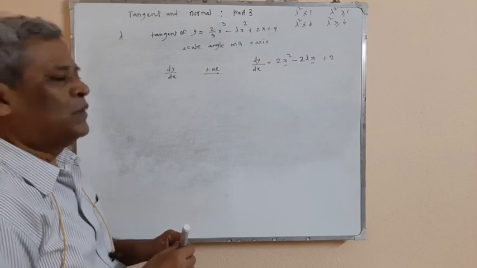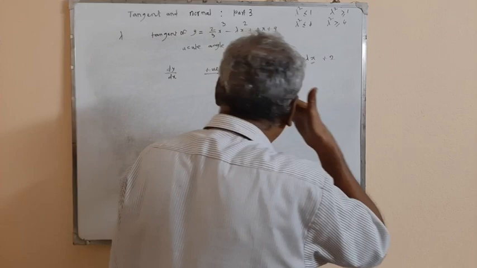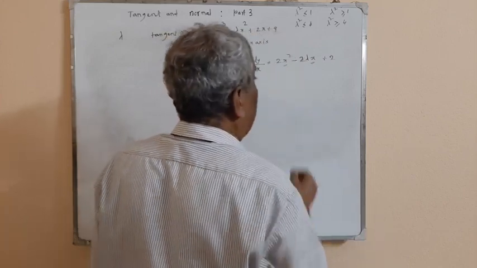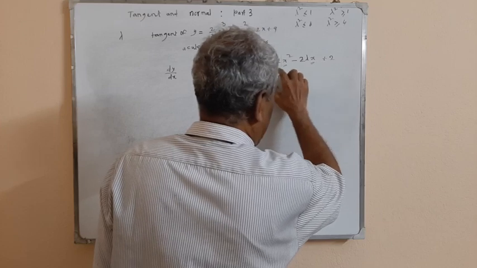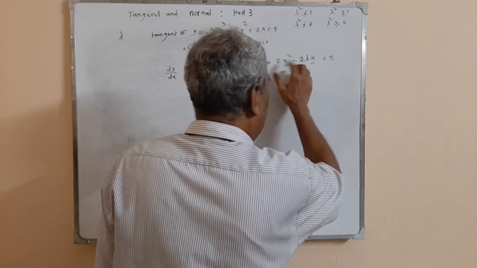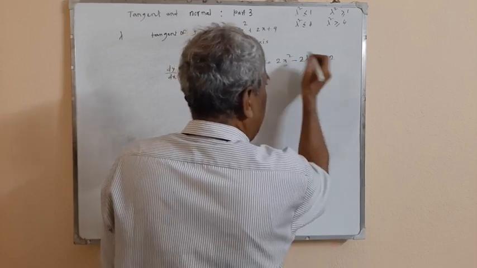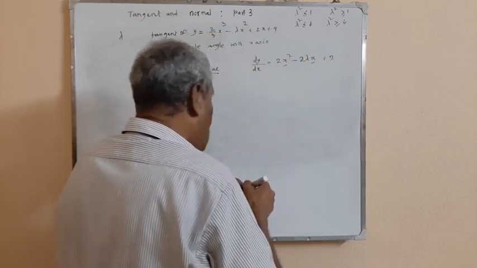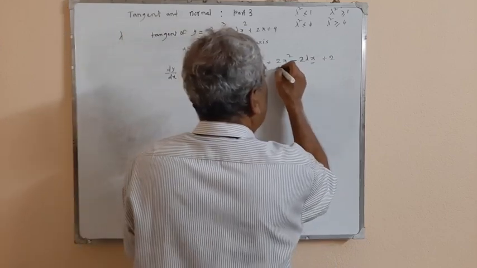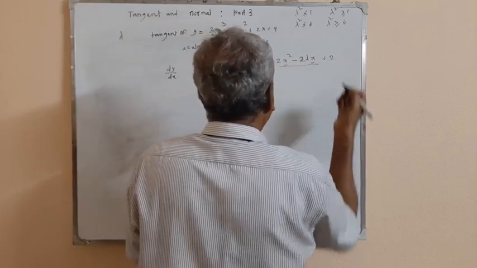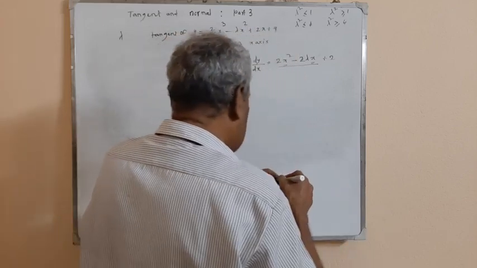In order to get the range of lambda, first of all we have to make these terms with x square and x a perfect square with some other constants, because it depends on x.